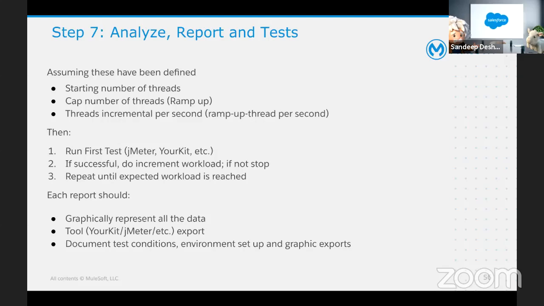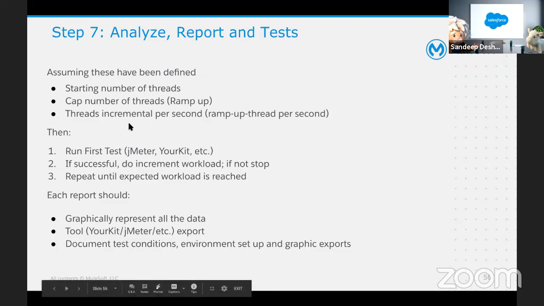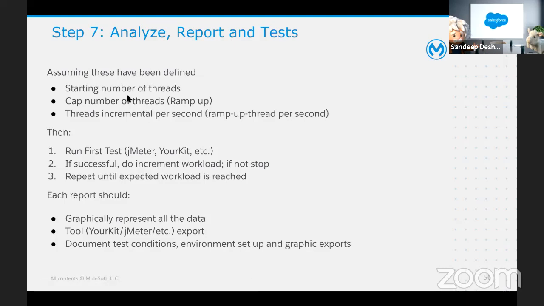So when you start testing your Mule application, if you have ever used JMeter or any other performance testing tool, you need to think about the number of threads you want to start with. We usually recommend starting with a lower limit, and then you can have a ramp up of those.